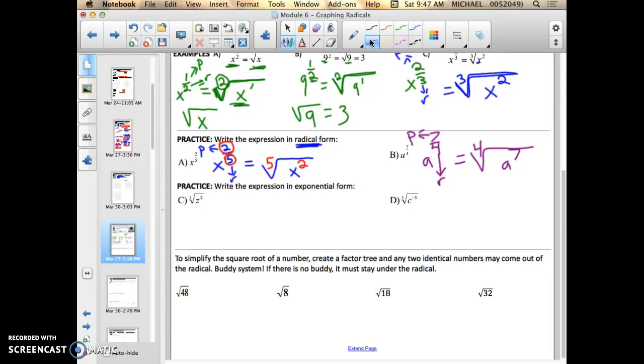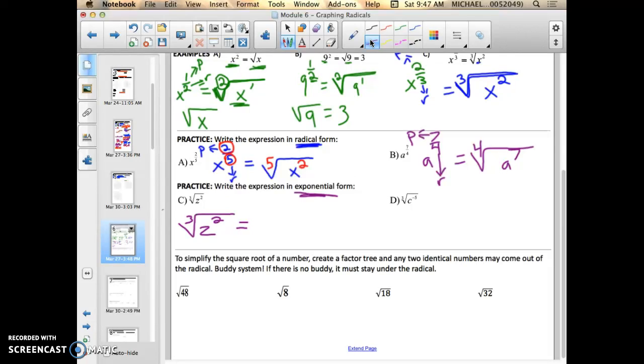Moving on now, write the expression in exponential form. So going the other way, all right? So I know this to be in radical form. If you look at example C, I know it's in radical form because I see a root sign, and it's telling me to switch it to exponential form. So my answer here should look something with a variable raised to a rational power. So I'm going to rewrite this a little bit bigger. Z squared. So it's in radical form. I need to switch it to rational form.